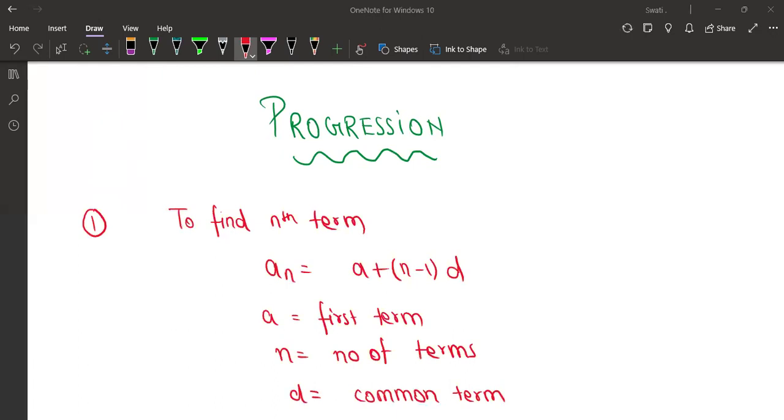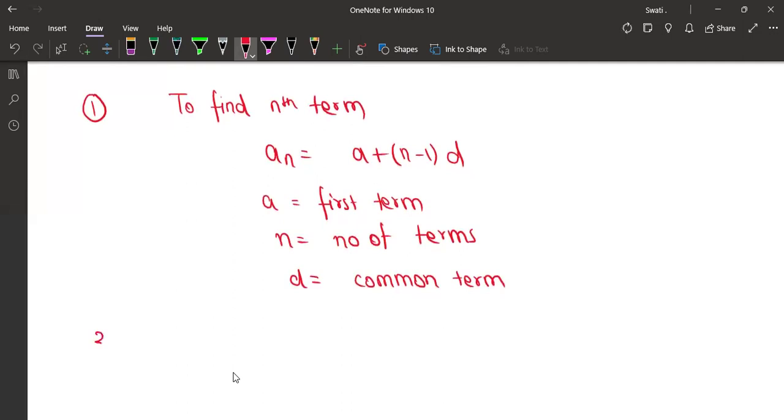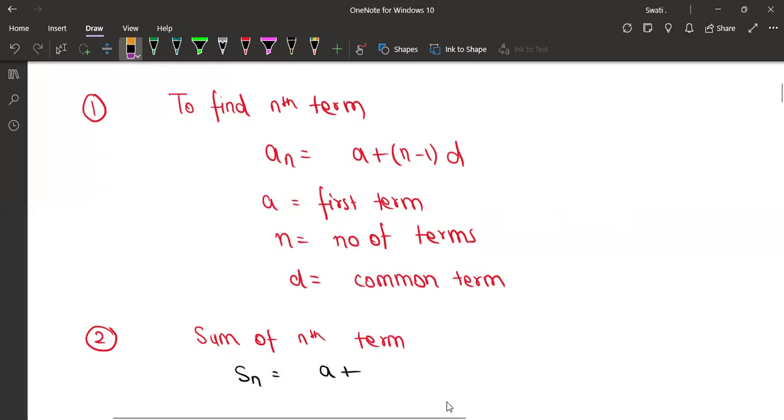So this is the formula to find out the nth term. Now let's find out the formula to find out the sum of the n terms. The sum of n terms, which we write down as Sn, will be equal to n by 2 in bracket 2a plus n minus 1 into d.